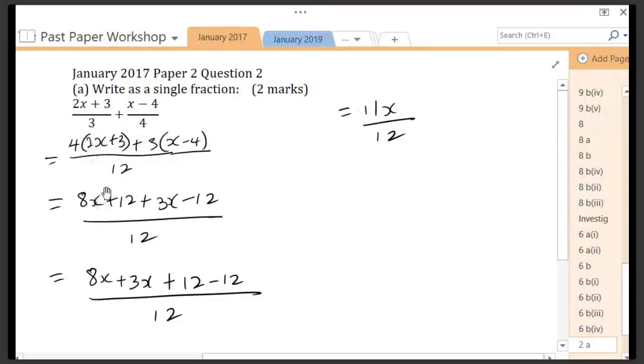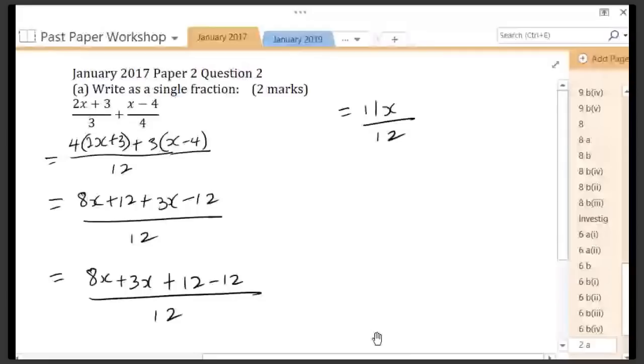So 4 multiplied by 2x is 8x, 4 multiplied by 3 is 12, 3 multiplied by x is 3x, 3 multiplied by minus 4 is minus 12. Grouping all the like terms, 8 plus 3 is 11x, and 12 minus 12 is 0. So that's the answer, 11x over 12.